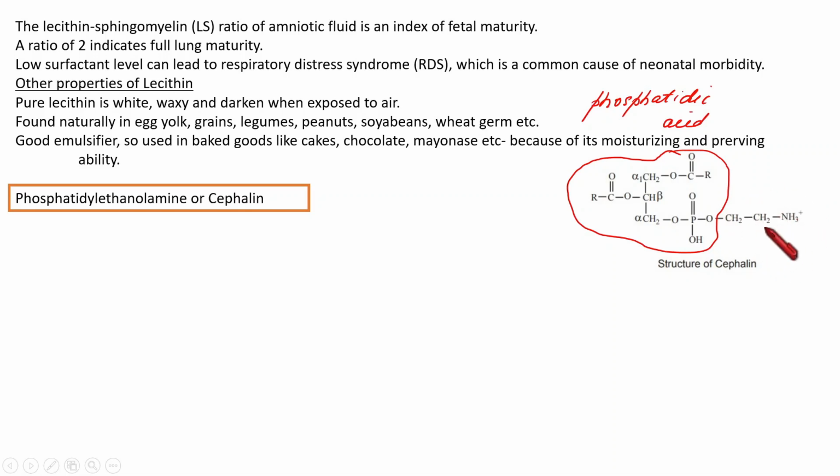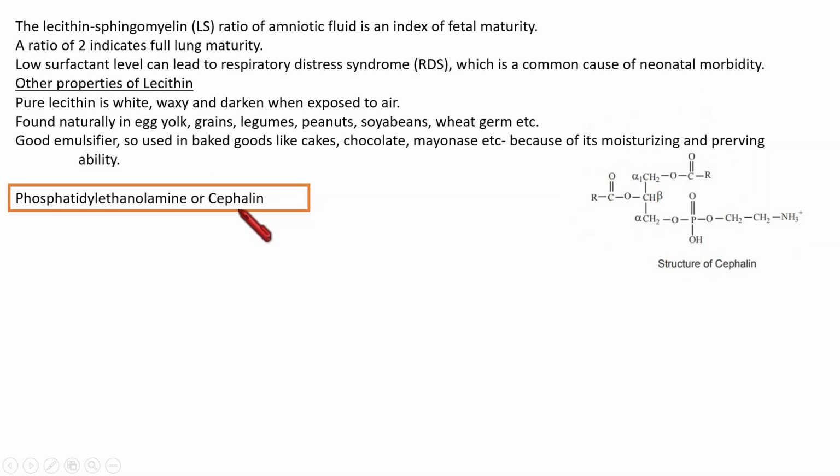In the case of cephalin, what gets attached to that phosphatidic acid is ethanolamine. So because of that ethanolamine, that makes that phospholipid a cephalin. Okay. So about that we are going to learn in this section.